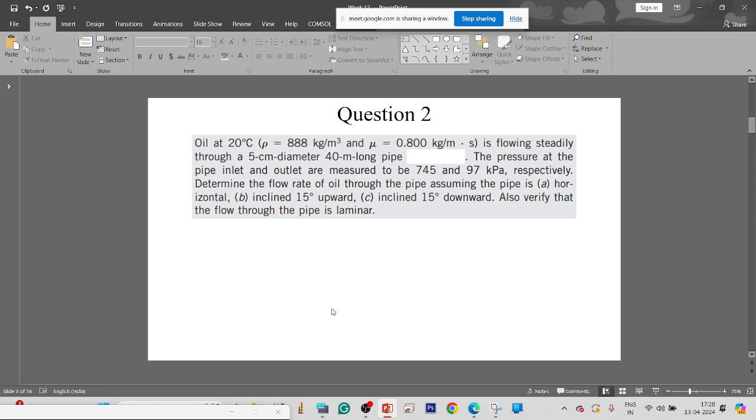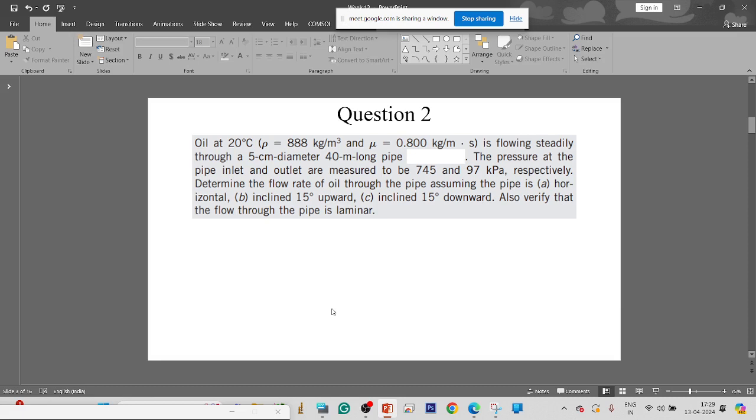This is theta, the angle with the horizontal. This is x and this is r. This will be W sine theta, where W is the weight. This is tau r, this is p at x plus dx, this is tau r plus dr, and this is p at x. This is theta.